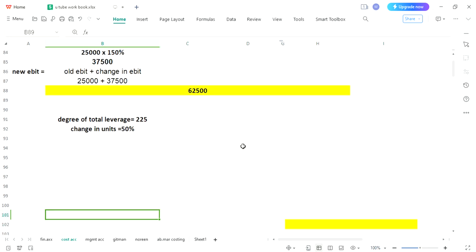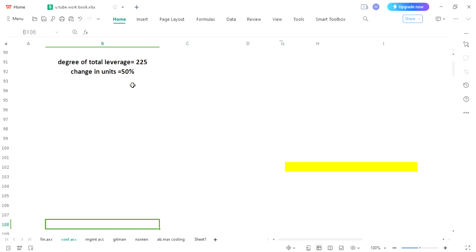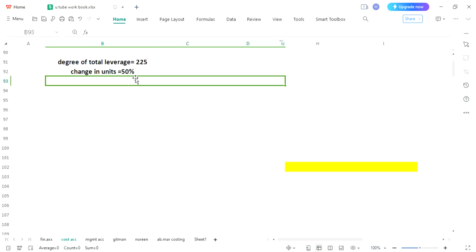And now you will use this information for earning available for shareholders. Old income available for shareholders was, I think, 200.